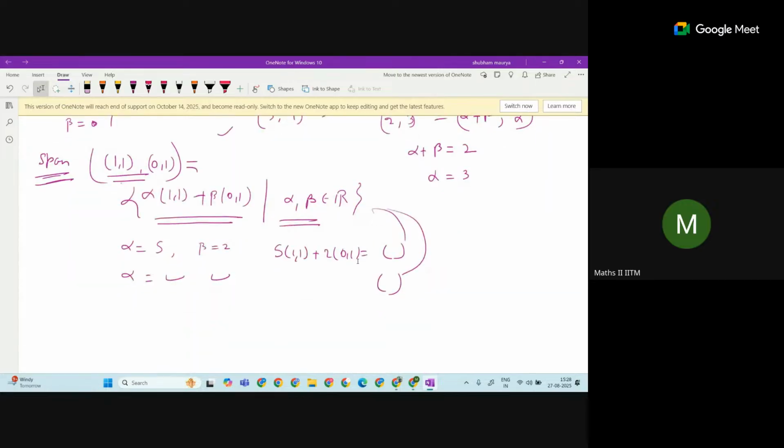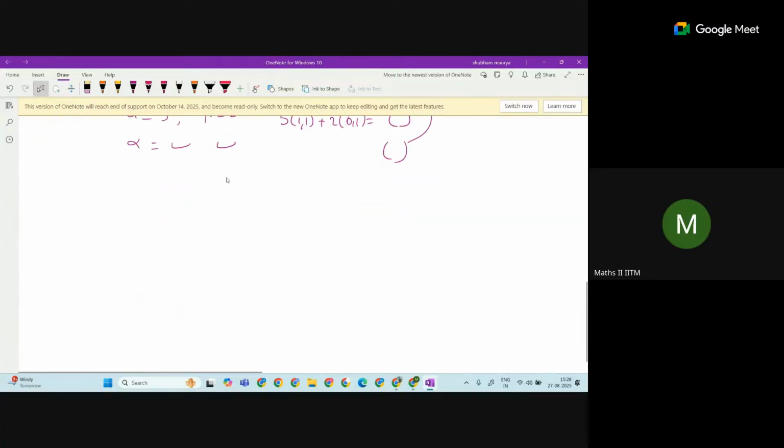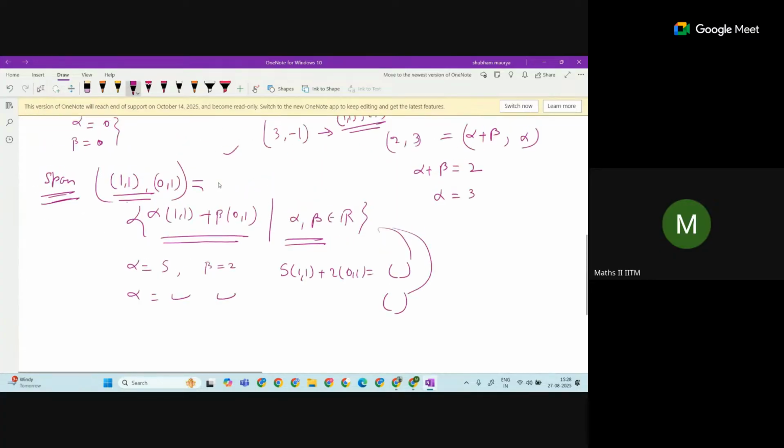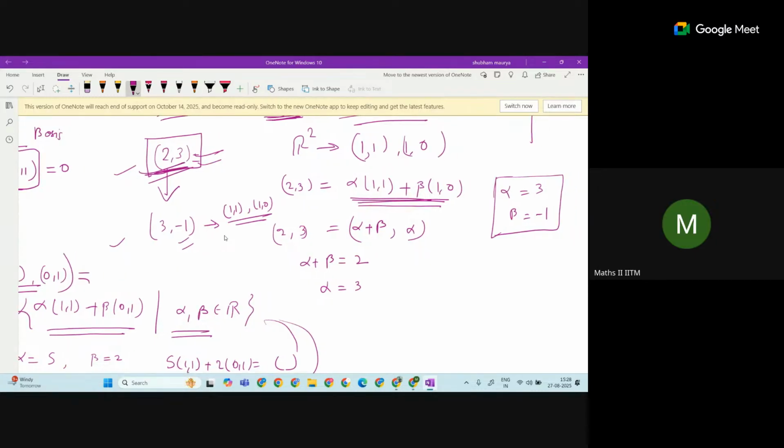So these are some terms, span and basis, and there is also change of basis. We just discussed the meaning of change of basis: the same vector looked at with a different basis. Generally you can follow this process to find the change of basis. So this is called a change of basis with respect to the vector.